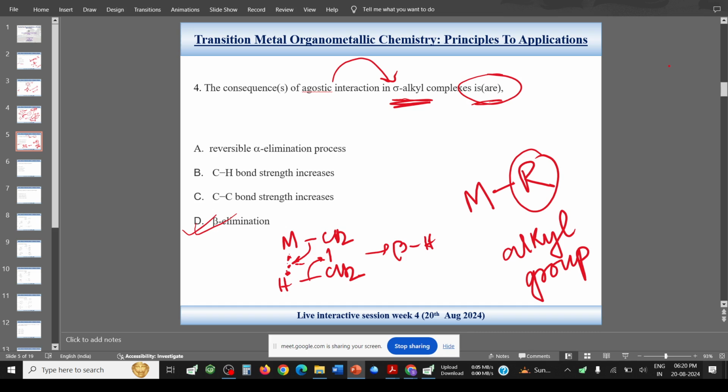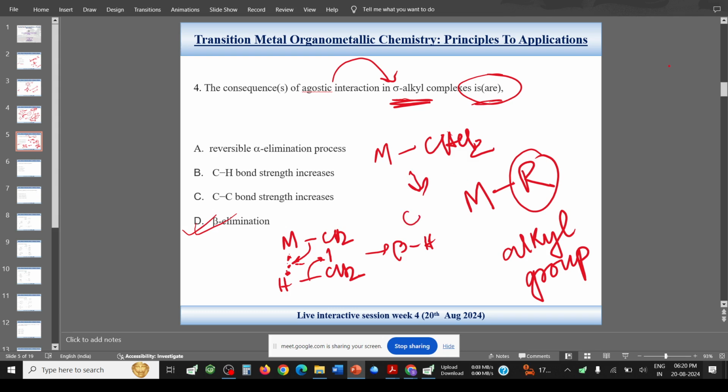Another answer is, if we have a metal with CHCl2, we will discuss this later in this course when we discuss the carbene chemistry, metal carbene complexes. So generation of carbene will happen here after abstracting this hydride.